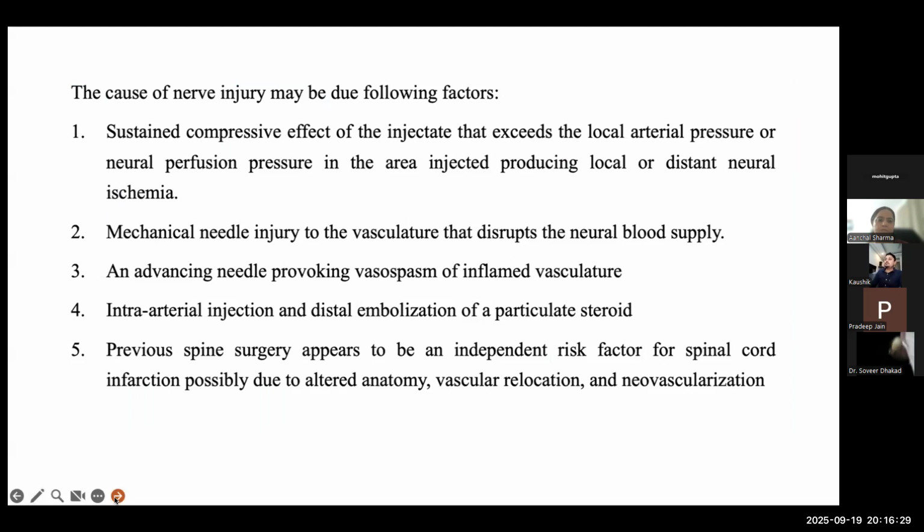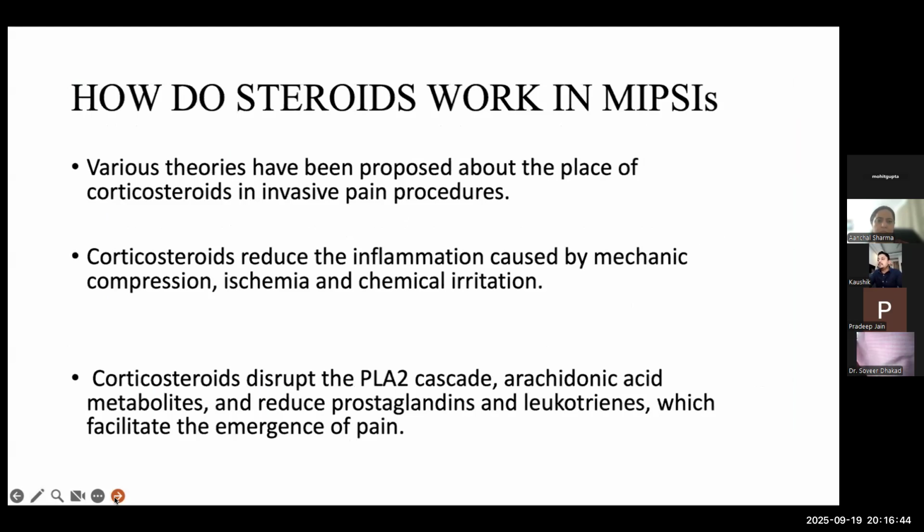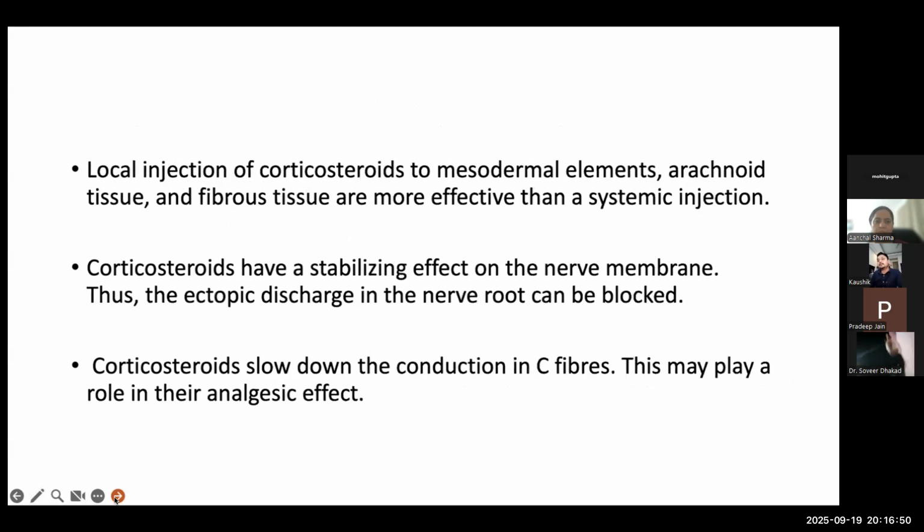So coming to how steroids work in MIPSI, they reduce the inflammation caused by compression and ischemia. They disrupt the PLA2 cascade, the phospholipid cascade, and reduce arachidonic acid metabolism, and subsequently reduce prostaglandins and leukotrienes.